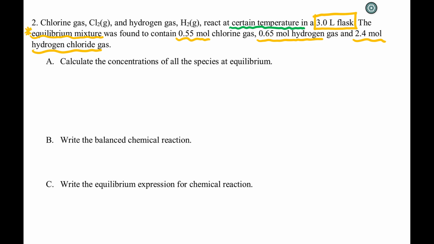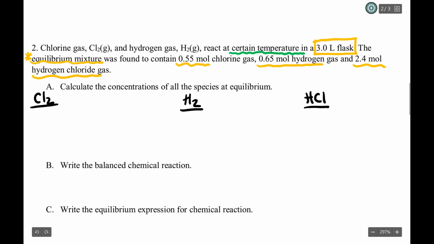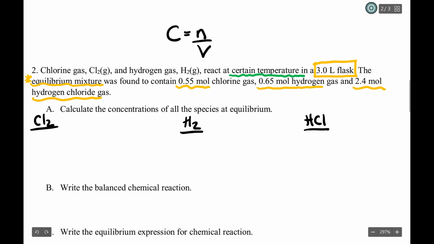Again, all of these questions are at equilibrium. So the first thing we need to do is calculate 3 different concentrations. We've got to do a calculation for chlorine gas, for hydrogen gas, and for hydrogen chloride gas. Now remember, from Chemistry 20, concentration is equal to the number of moles divided by the volume. This is moles in the unit of the mole, and this is volume in liters.